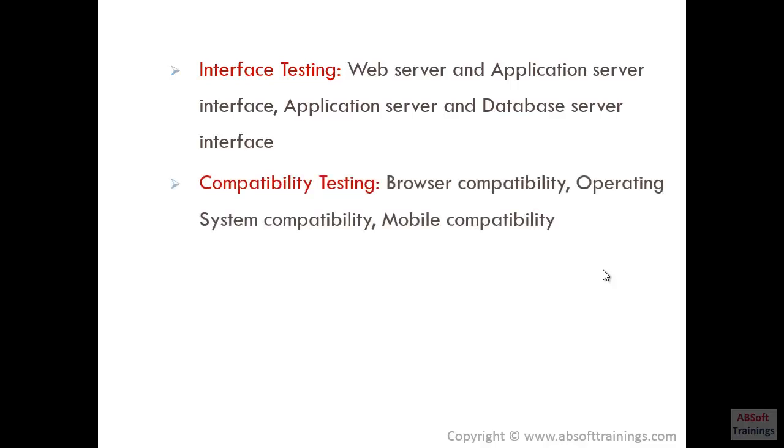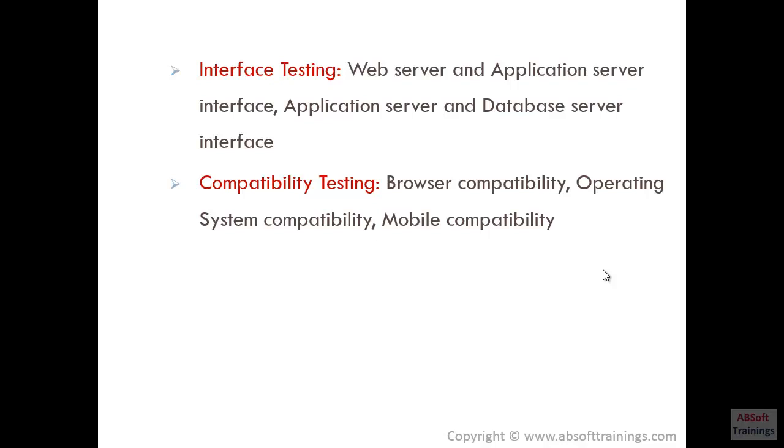The next one is compatibility testing. This is a kind of functionality testing. Once your web application is functionally stable, then you are going to take a few core scenarios. Let's say you have a total of 1000 test cases.